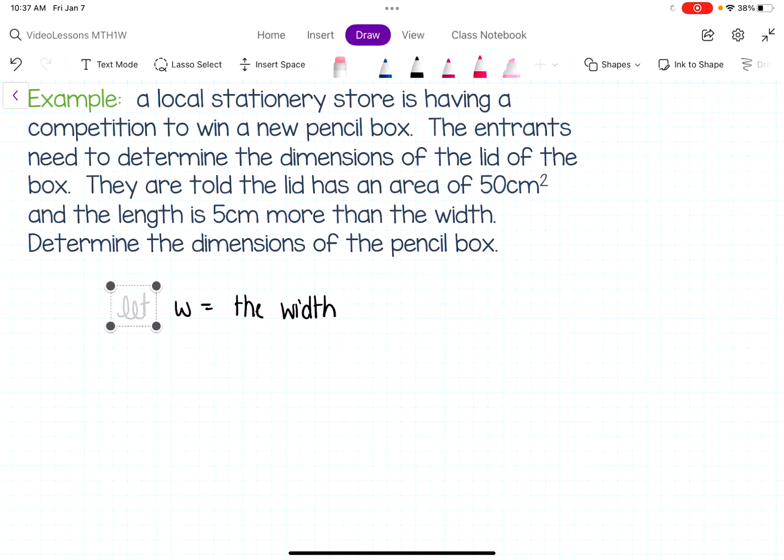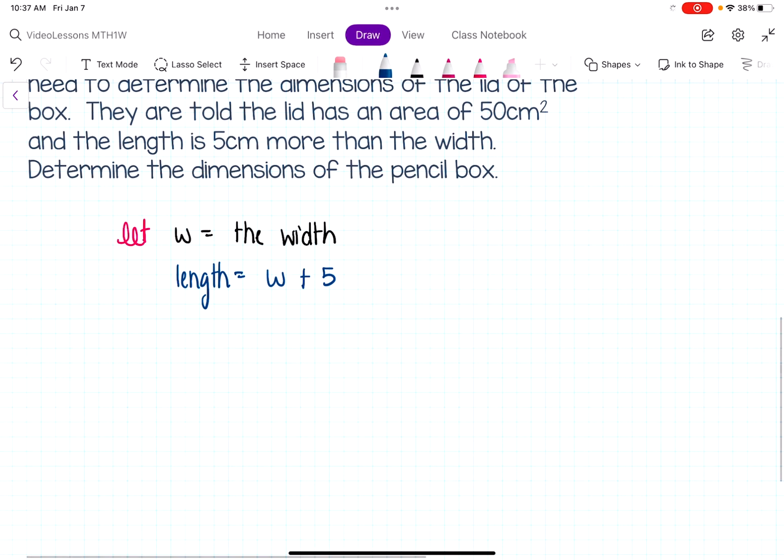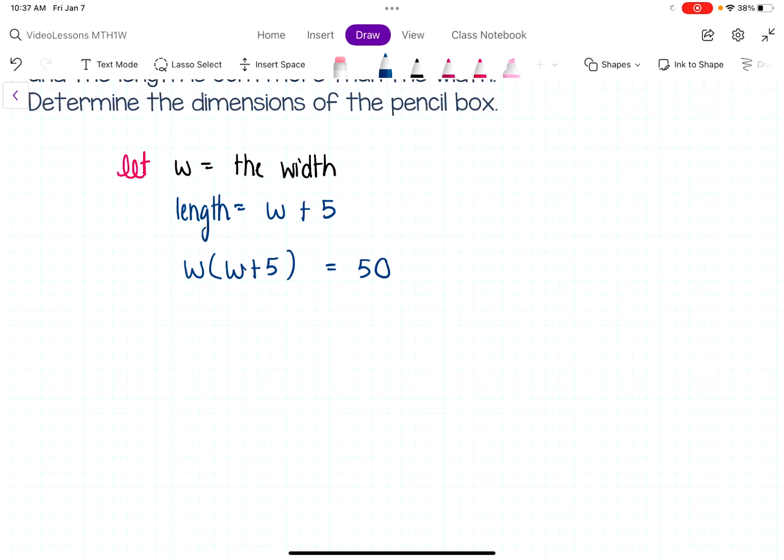That would mean that the length, and they say the length is 5 centimeters more, is W plus 5. We are told the area. Area is length times width. So when I multiply both, I'm going to get 50. We are in the same scenario that we had earlier where we're multiplying but we don't get 0. So that means we have to expand and put it in standard form.